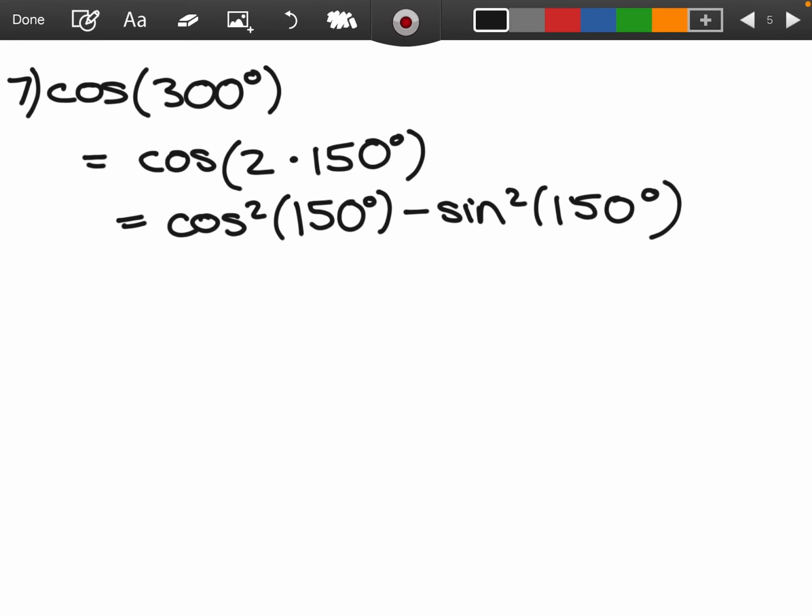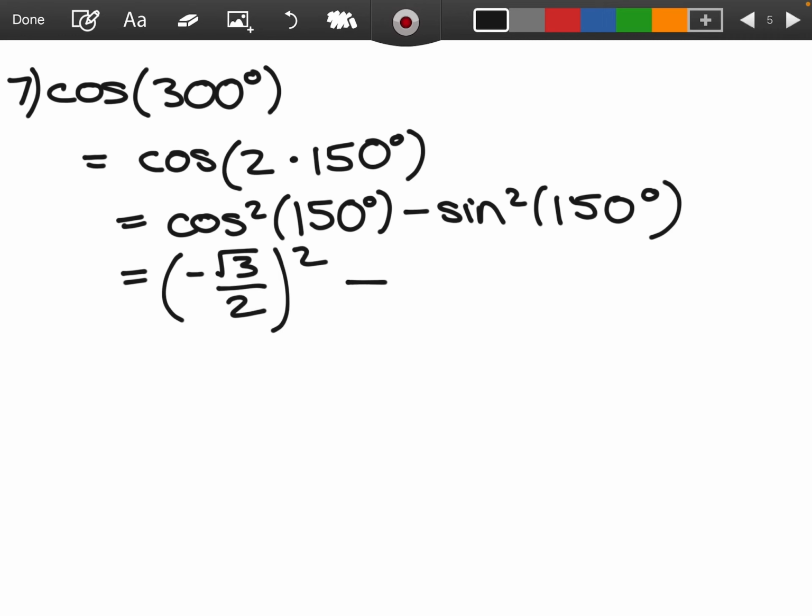Because it's in quadrant 2, we know that the x coordinate is going to be negative and the y coordinate would be positive. So cosine of 150 degrees is going to be the negative of cosine of the reference angle. That gives me negative the square root of 3 over 2, and then we're squaring that. The sine value is going to be positive.